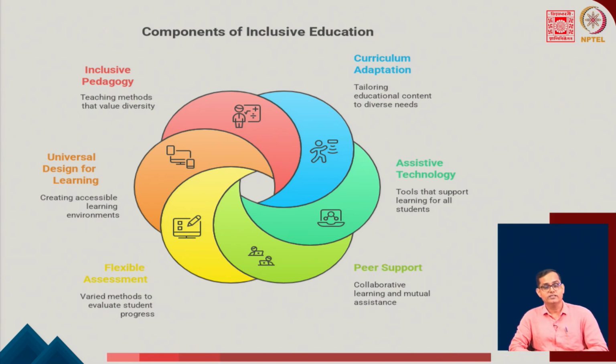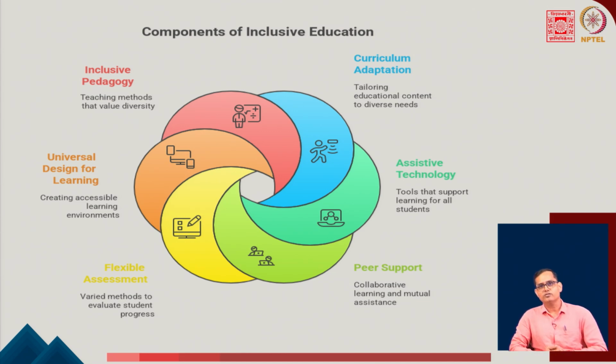Flexible assessment is also important in an inclusive educational setup, because inclusive education demands educational reforms, mainly related to examination reforms. Every individual should be given an opportunity to demonstrate their knowledge and skills, and this is only possible through examination reforms.